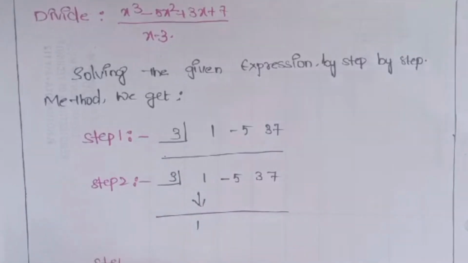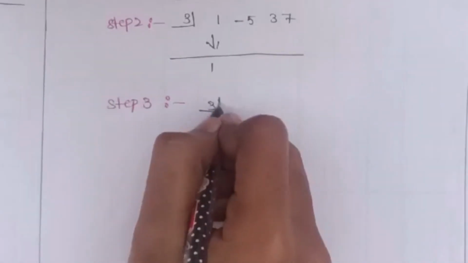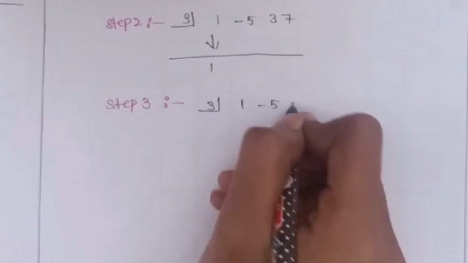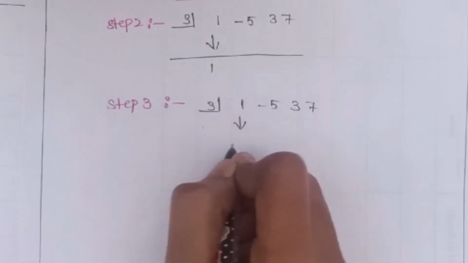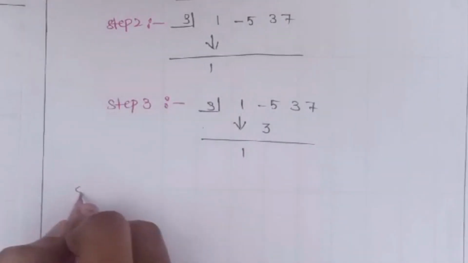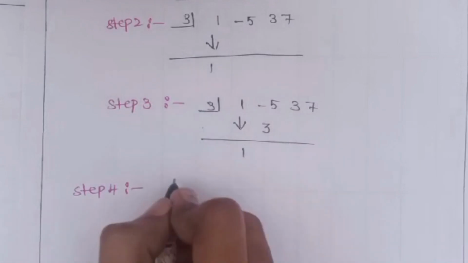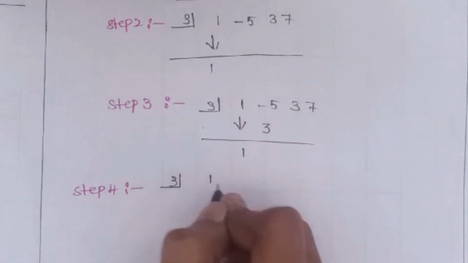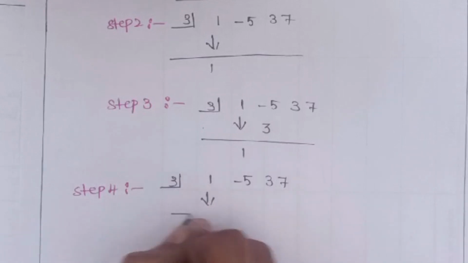First I take 1 as it is. Next, I multiply 3 into 1, which is 3, and write 3 below -5. Then I add it: -5 plus 3 in the fourth step is going to be -2, and we continue the process.